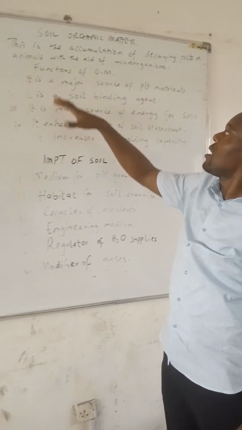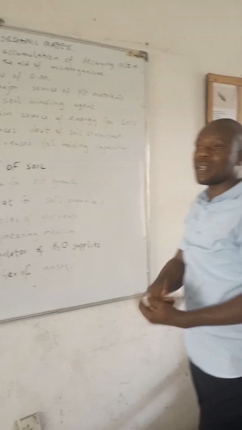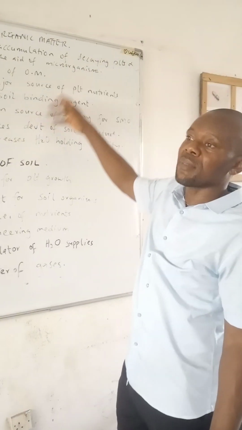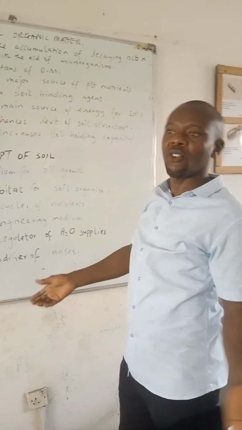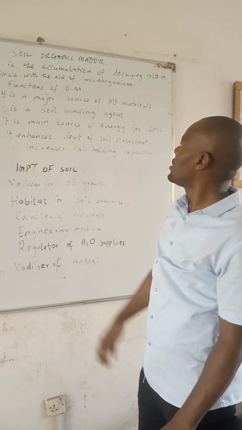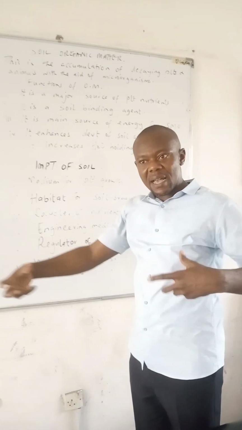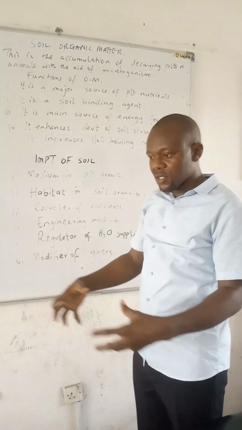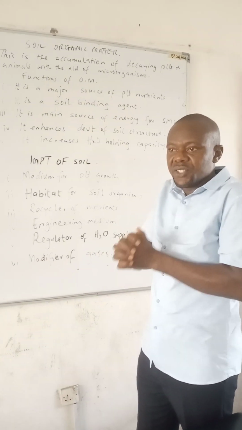Okay. Now, it is a major source of plant nutrients. It gives plant nutrients. You can see that sometimes you apply poultry manure, droppings, and so on as plant nutrients. It is also a binding agent for the soil. It binds various particles of soil together, cements them, just like a cementing agent.